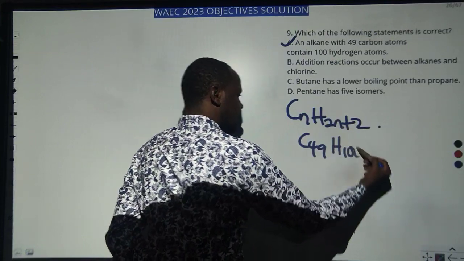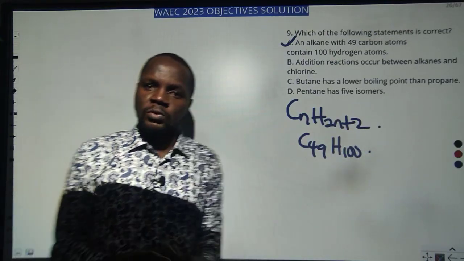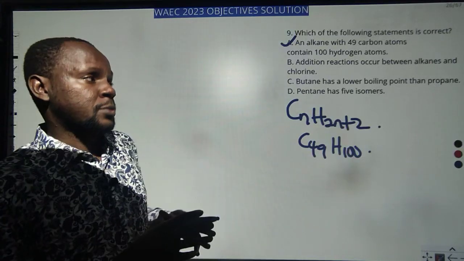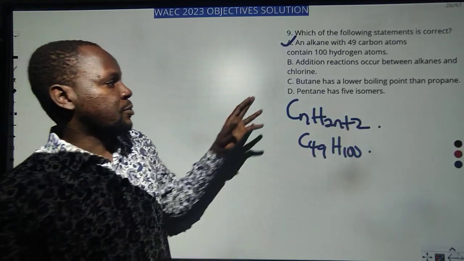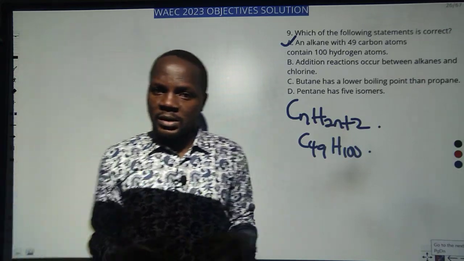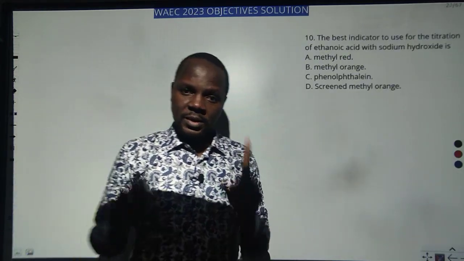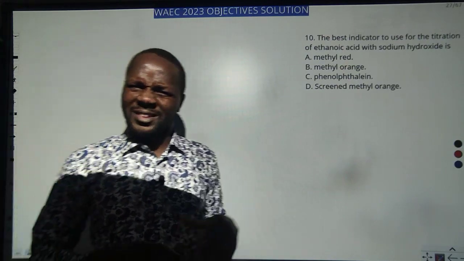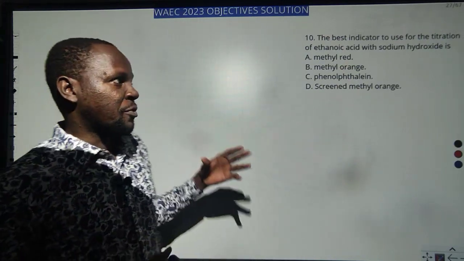You can see, this is C49H100. Sometimes I will not be reviewing all the options because of time. Every other option here will be wrong. Do you understand? The next question, this is the way we are going to be doing it because of time. 1 hour for 50 questions, or let's say 49 or 50 minutes.